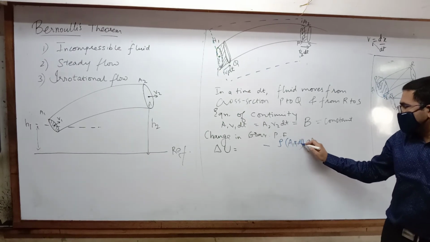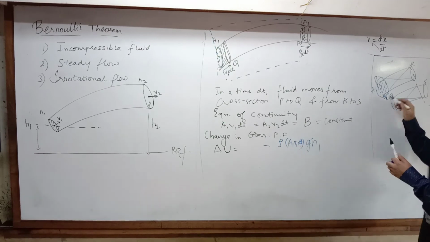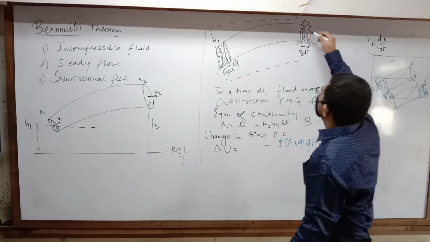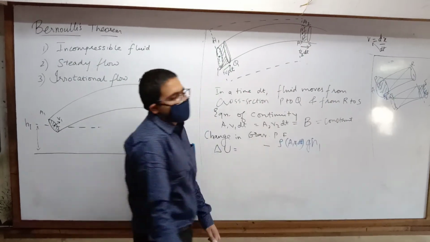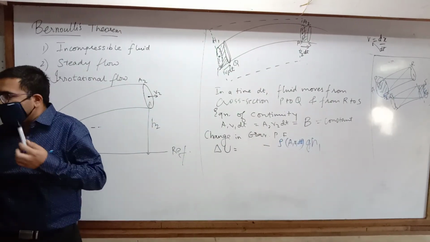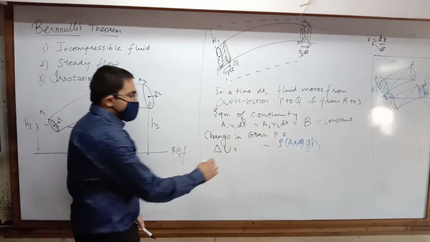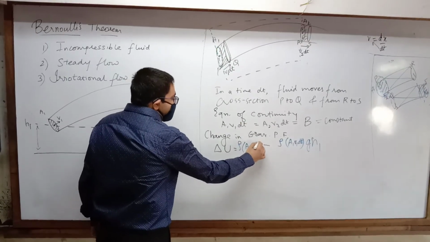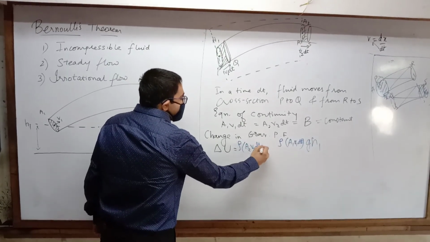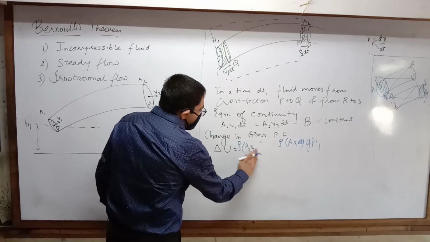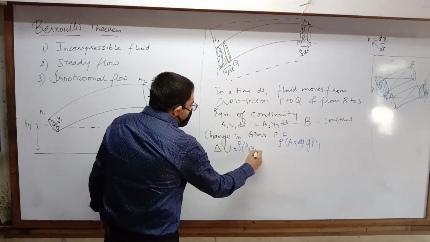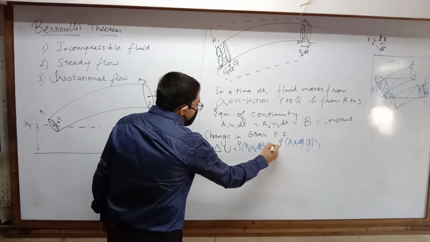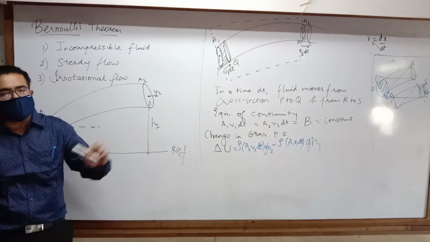Now similarly, finally, you don't have anything here, but you have something here. So we have potential energy there. What do you think we should write? Rho into A2 V2 dt g h2, and then there is a minus sign, final minus initial.